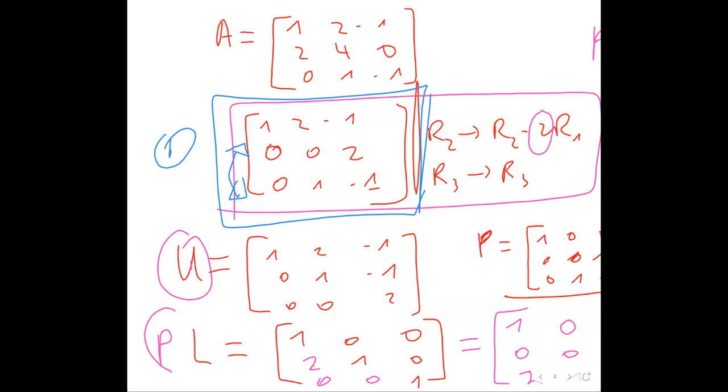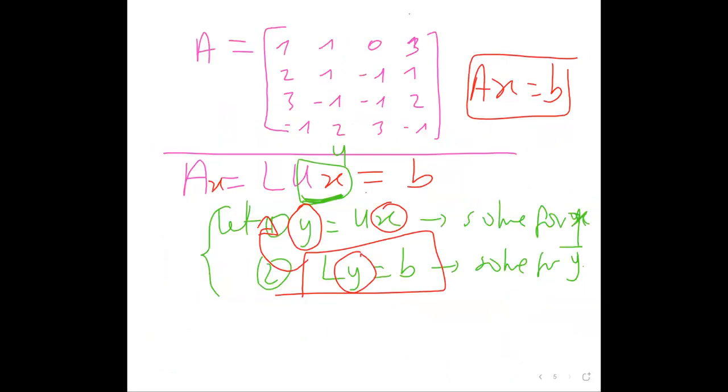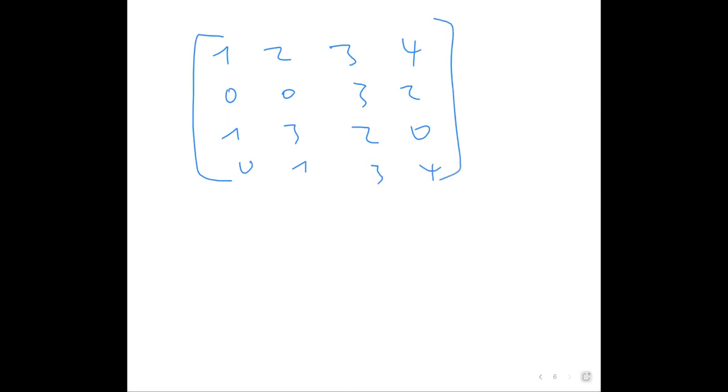If this was a very big matrix, just because we are unable to change, we are unable to proceed. Let me say this was a big matrix like 1, 2, 3, 4, and then 0, 0, 3, 2, 1, 3, 2, 0, 0, 1, 3, 4, something like that. Let me even put 0 here so that we have escaped the first step.